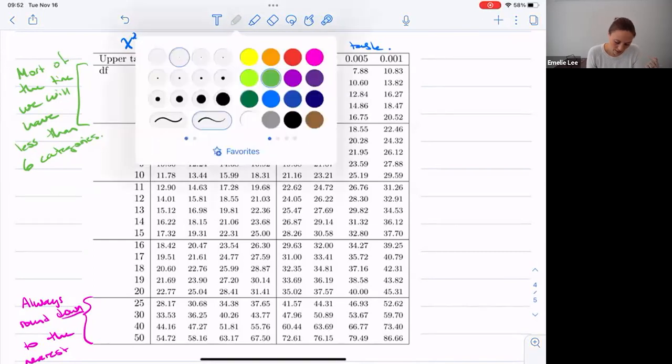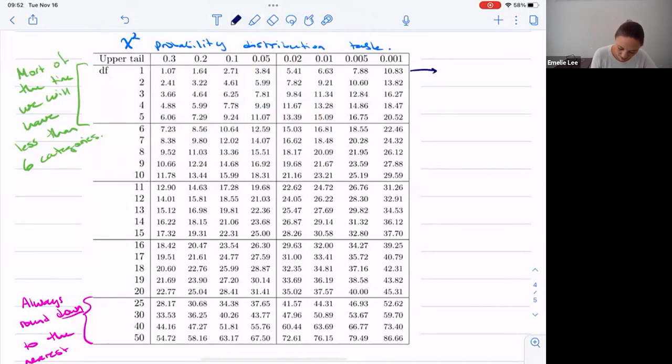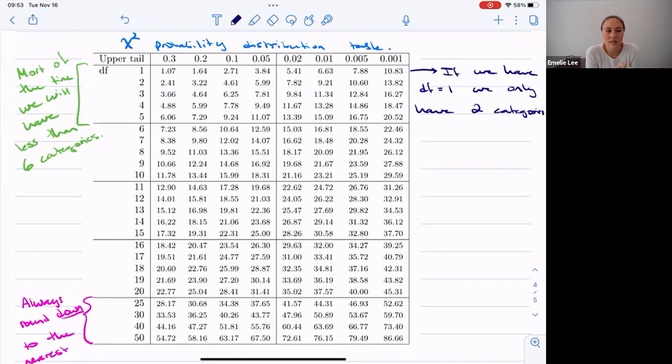Another thing that I want to mention here is, if we have degrees of freedom equal to 1, we only have 2 groups or 2 categories. In that case, we could just use a 1 sample proportion. Remember the video I posted, half do or half don't? Well, it's both. If you only have 2 categories, half do and half don't, you could just analyze one of them.